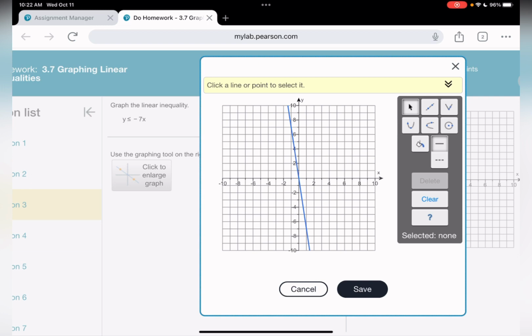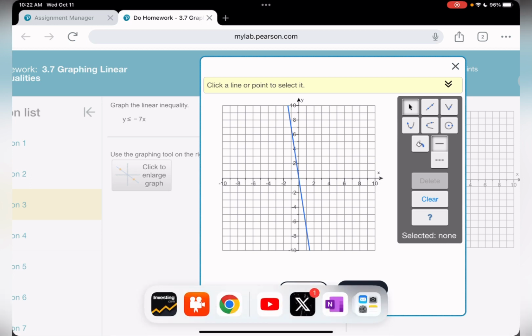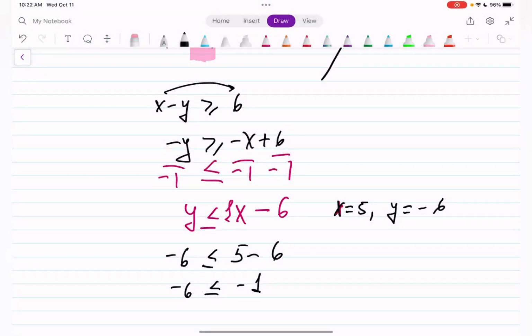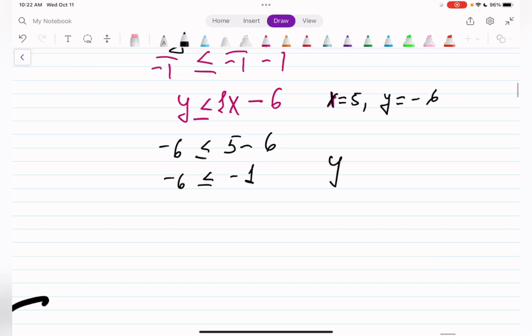Let me see. Since I have negative 7x, I'm taking 7, so the 7s would cancel each other. I'm taking positive 7 and 2. y is less than or equal to negative 7x, so I'm taking positive 7 and 2.